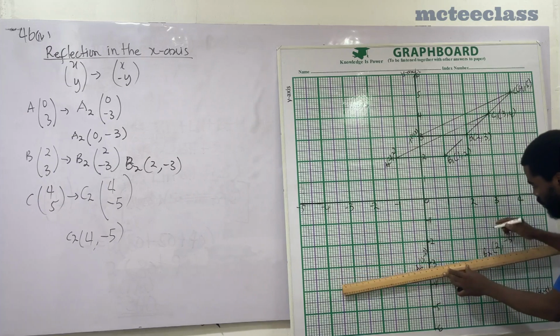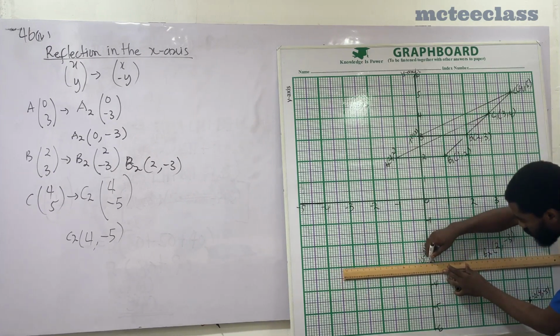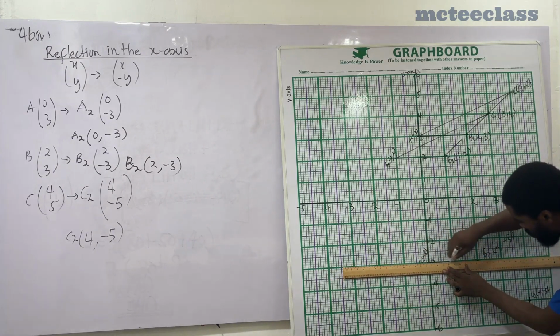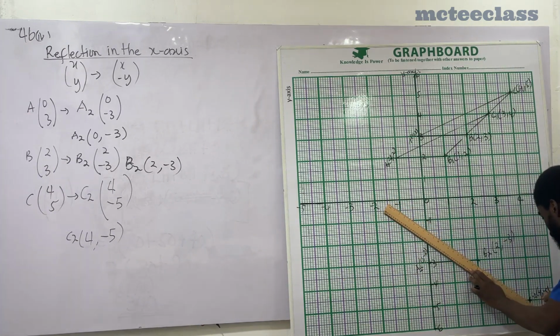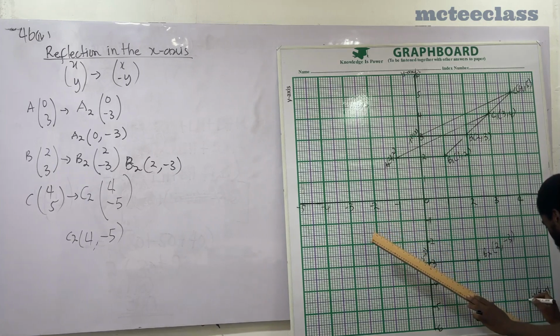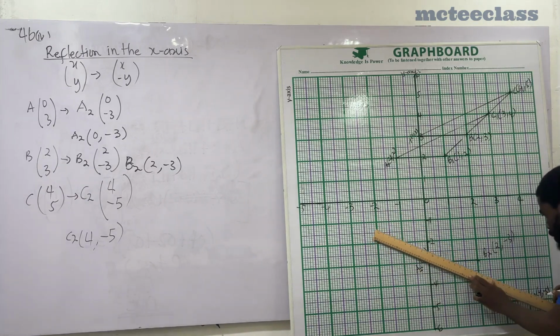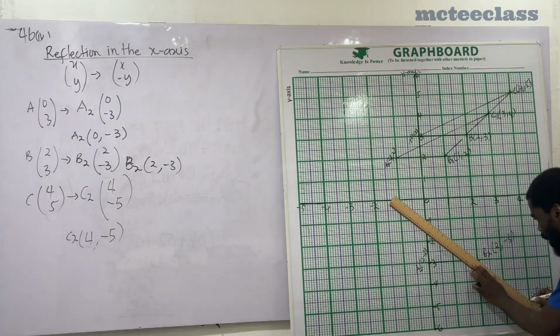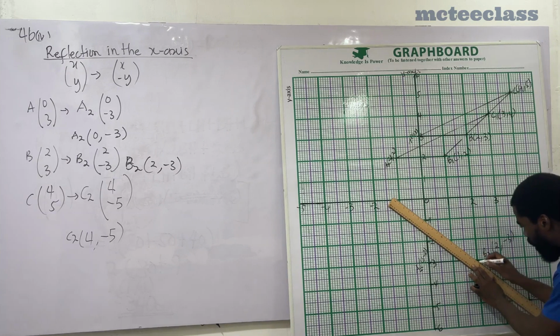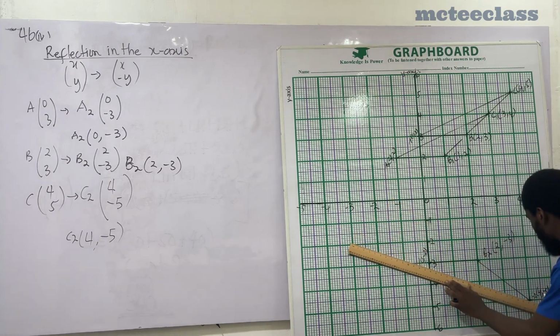So let's go. I join this. Then I join this to this. Let's draw the point properly here. Good. I join this to that. Then I join this to this, and I have this thing wonderfully done.